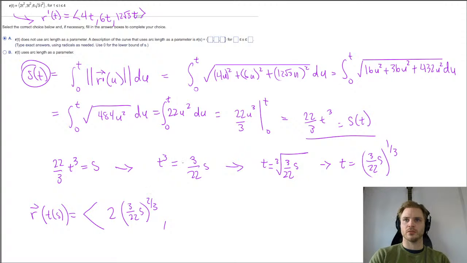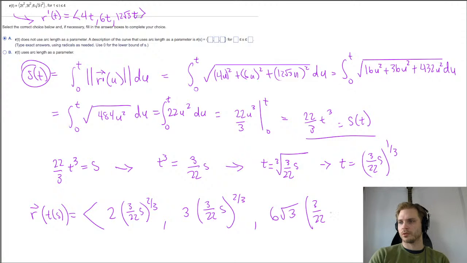Then we need to do 3t squared, so 3 over 22 s to the 2/3 again. Then we need to do 6 root 3 t squared, which is 3 over 22 s to the 2/3.